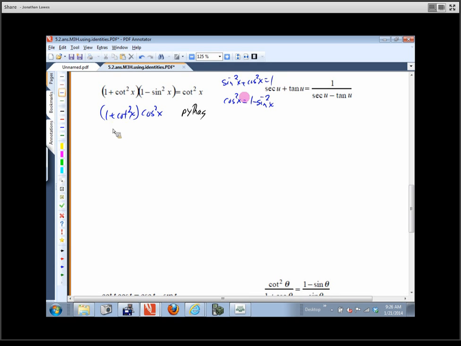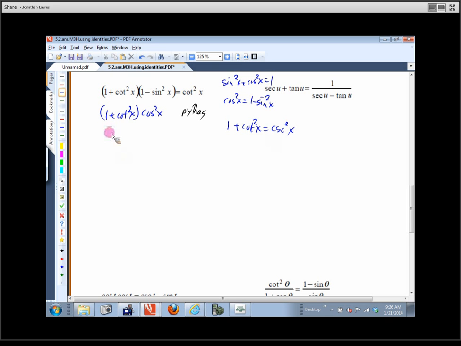Okay. Well, let's see. If this was the original one, then remember, if I want to make a cosecant, I'd have to divide everything by sine squared. So if I divide this by sine squared, I get 1. If I divide that by sine squared, I get cotangent squared. And then over on this side, I have cosecant squared. Is that good? So I'm going to replace this with a plain old cosecant squared.